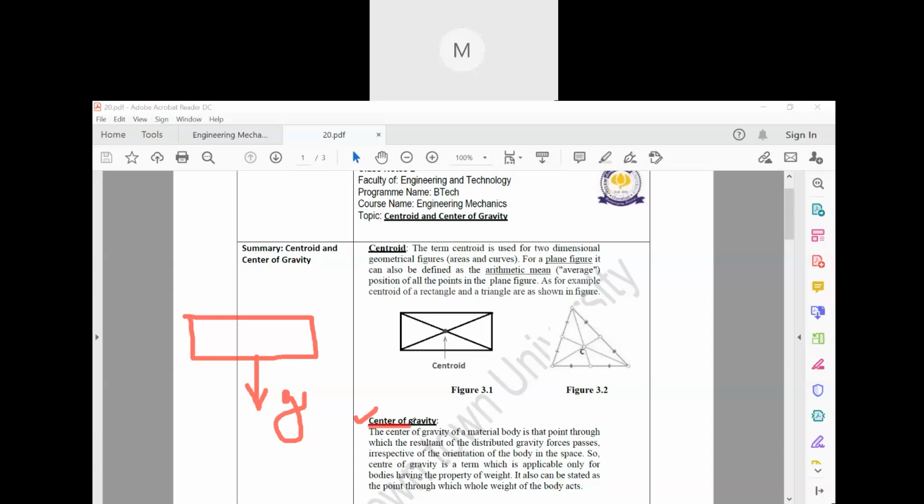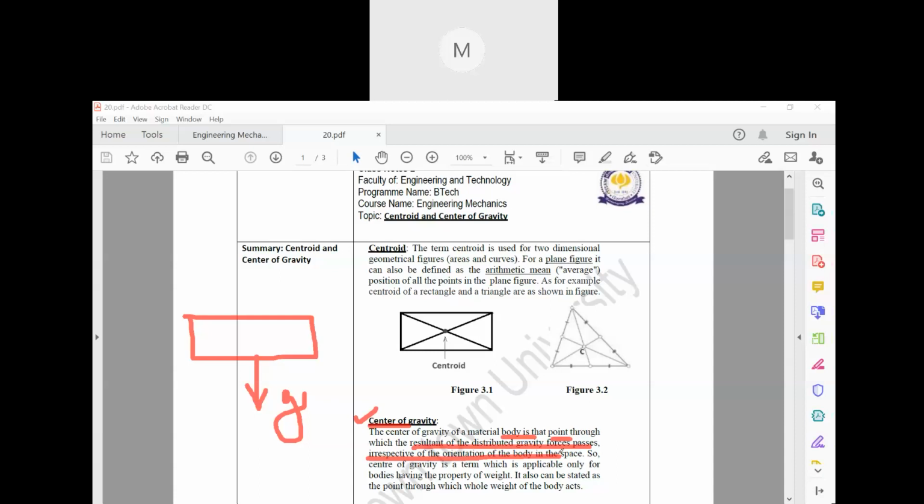So as per the definition, the center of gravity of a material body is the point through which the resultant of the distributed gravity forces passes, irrespective of the orientation of the body in space. The center of gravity is a term which is applicable for bodies having the property of weight. Okay.